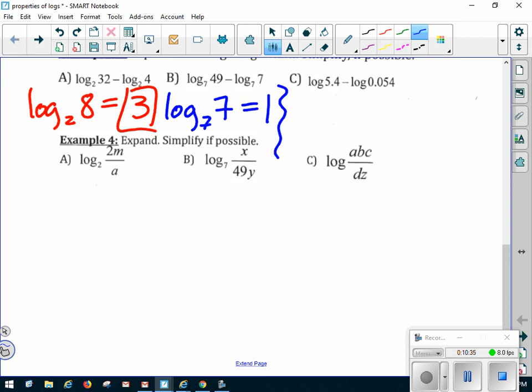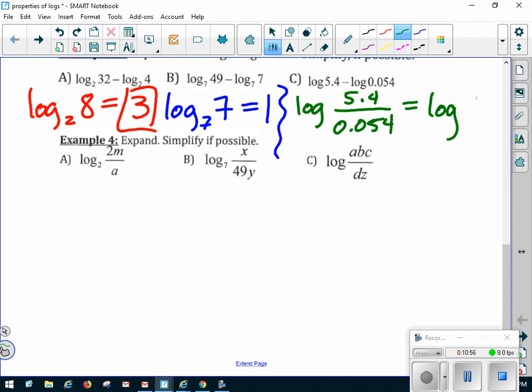What about C? Log of, is it? Do that division on your calculator. You're going to get 10, 100,000.